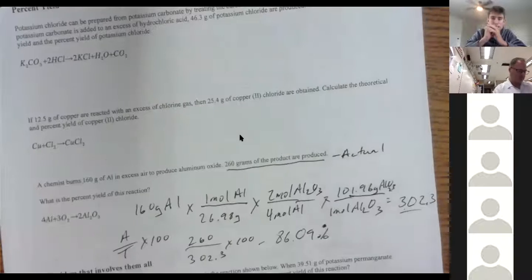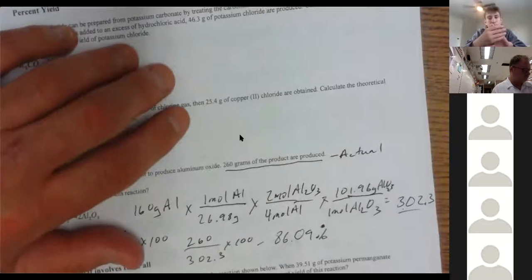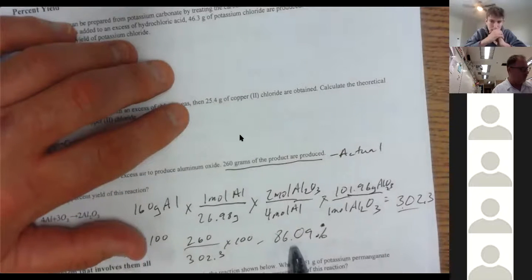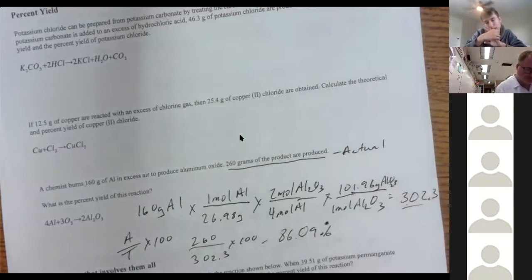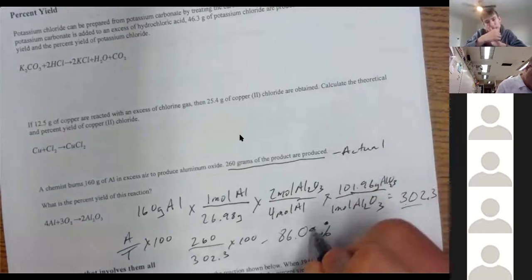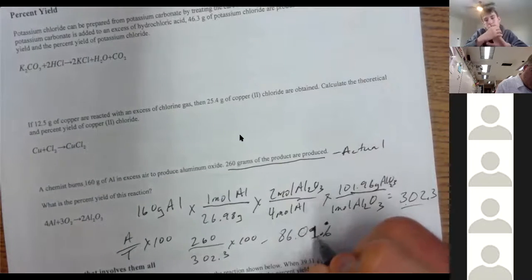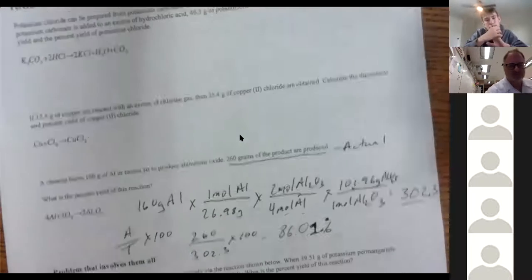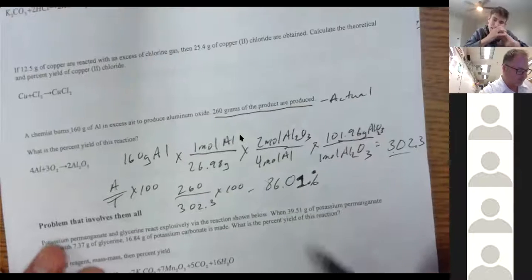Let's do it. 260 divided by 302.3 is about 0.86. So what I would end up getting is 86.01 instead. That's fine. The deal is that we always go out 2 decimal places on percent. So it wouldn't matter that much, but that's good.